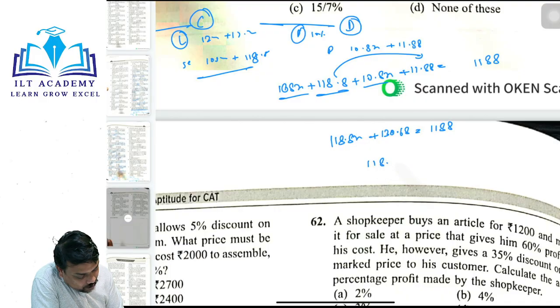So 118.8x is equal to 1188 minus 130.68.